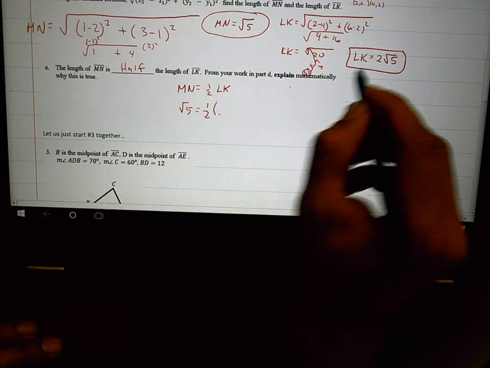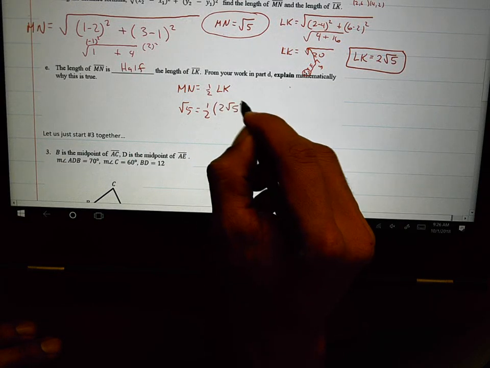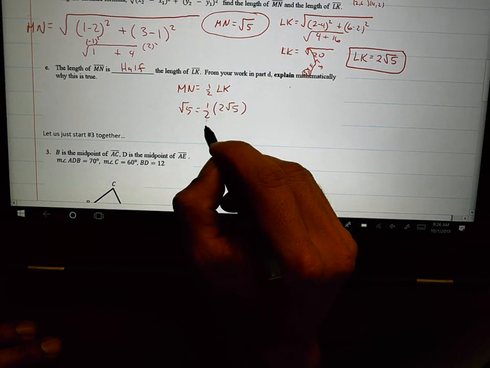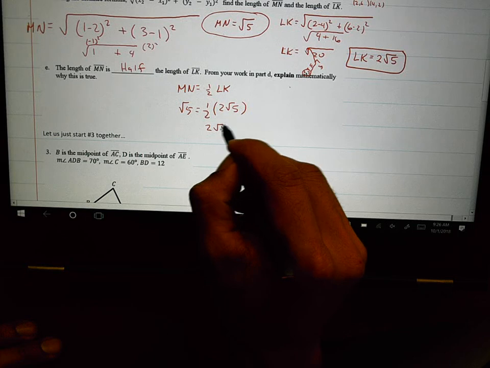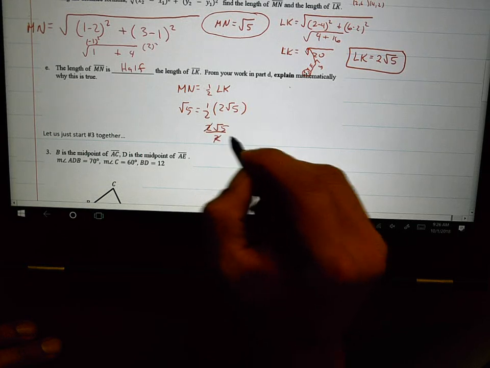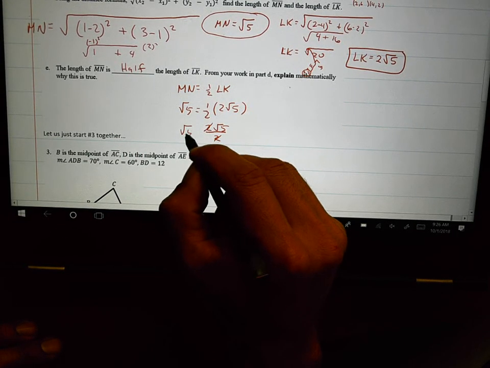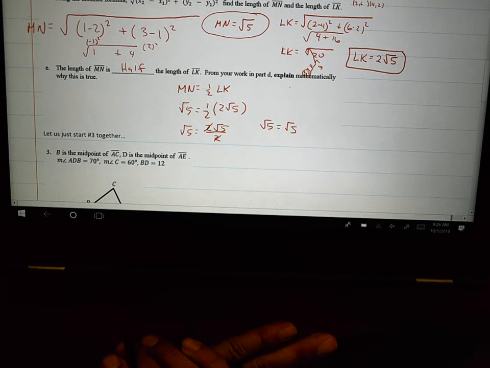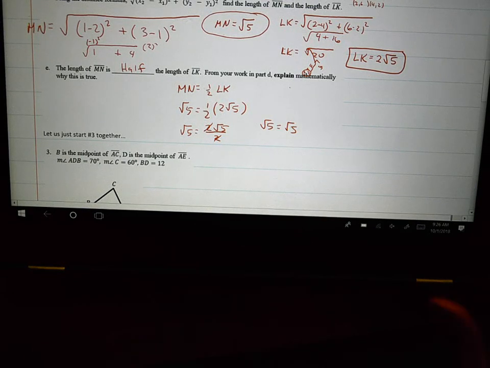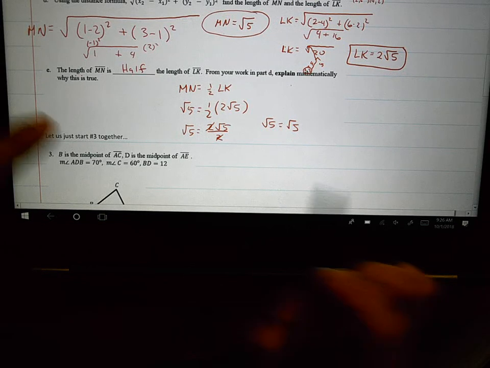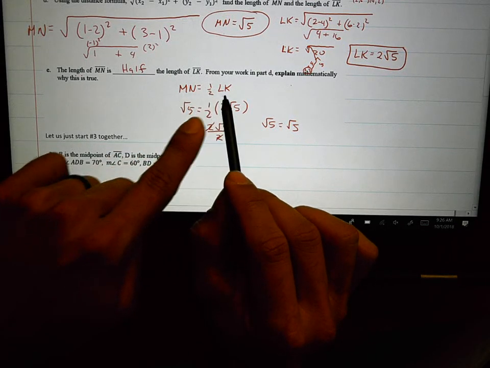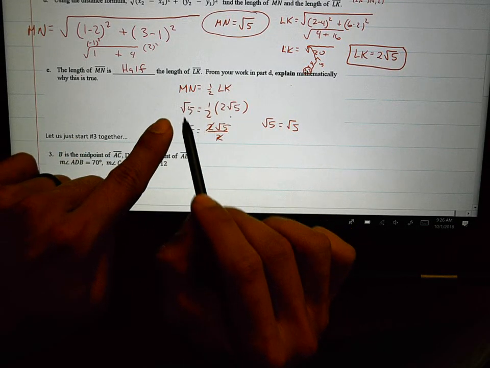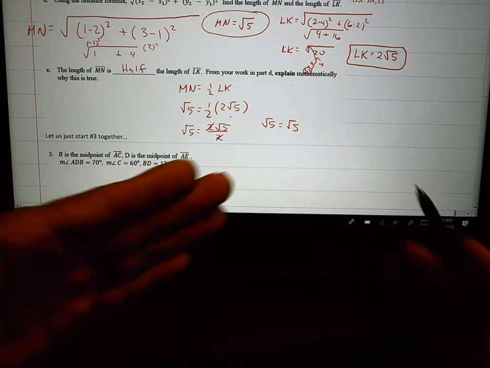LK was 2 root 5, which means that 2 root 5 divided by 2 is the same thing as root 5, which is equal to root 5. That's a funky little proof, but we're proving that MN is half of LK because I can plug in LK and MN, and it's a true statement.